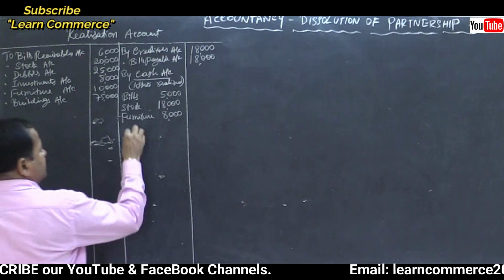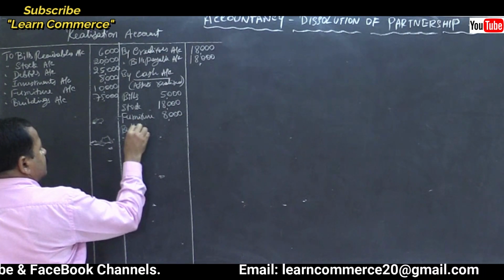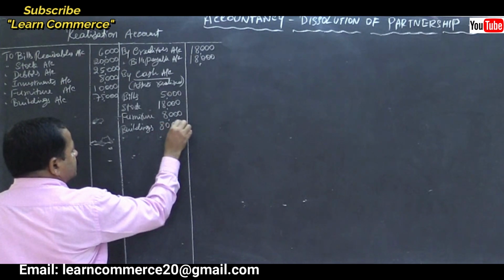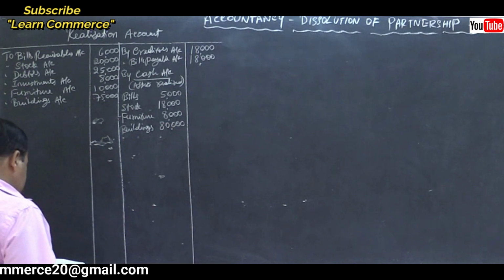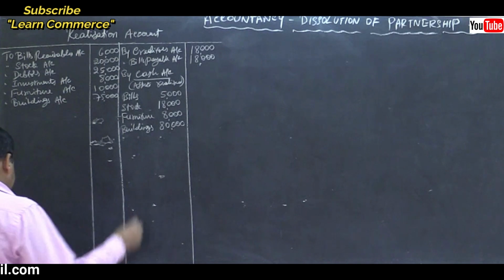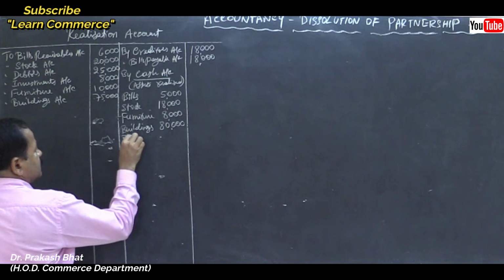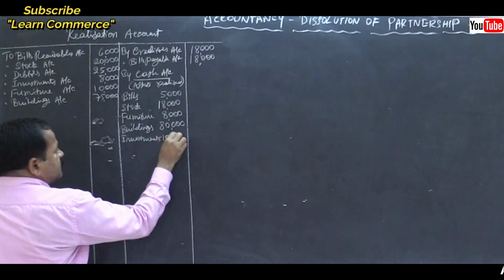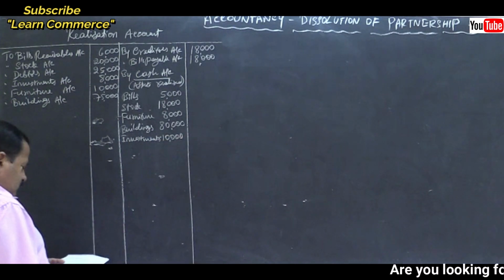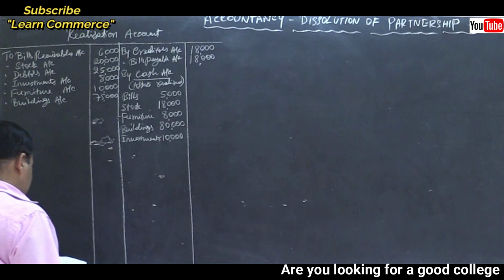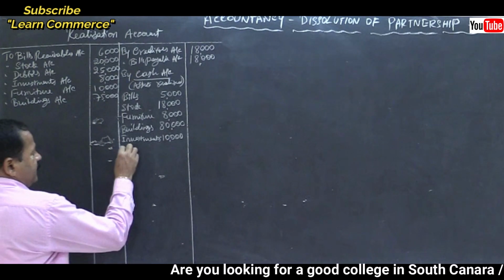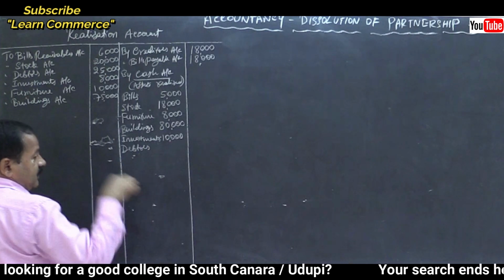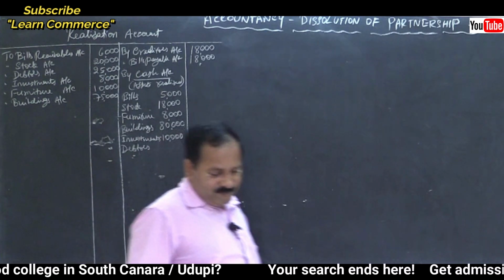Buildings 80,000. Investments 10,000. Debtors 22,500. Because there is a bad debt, correct?